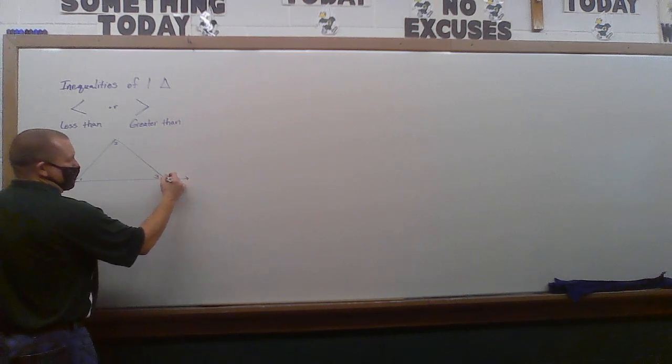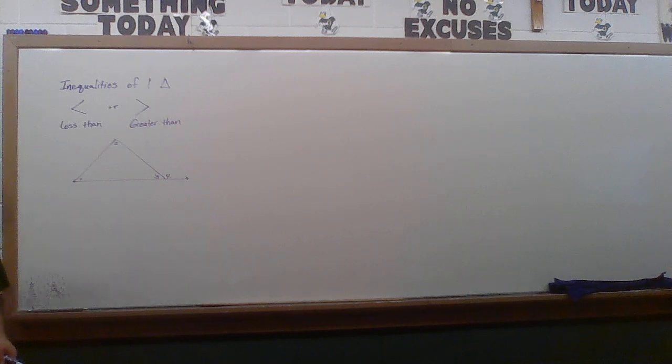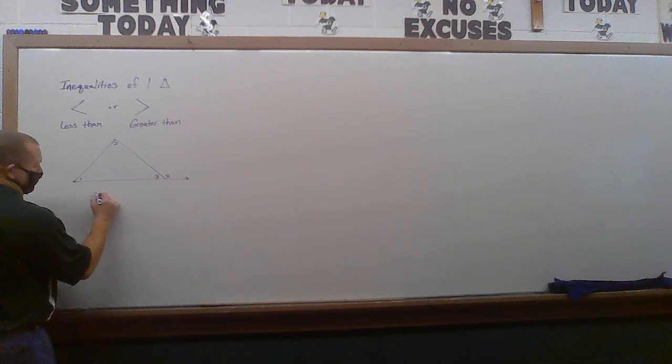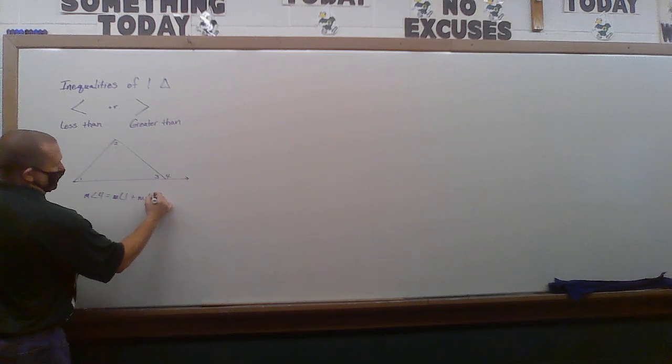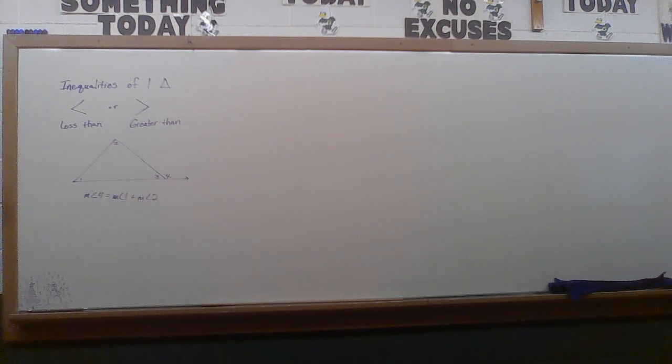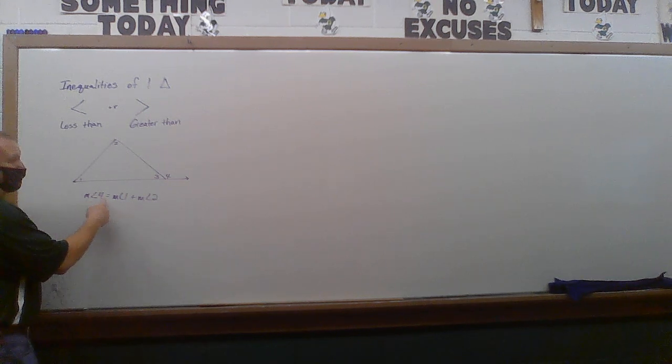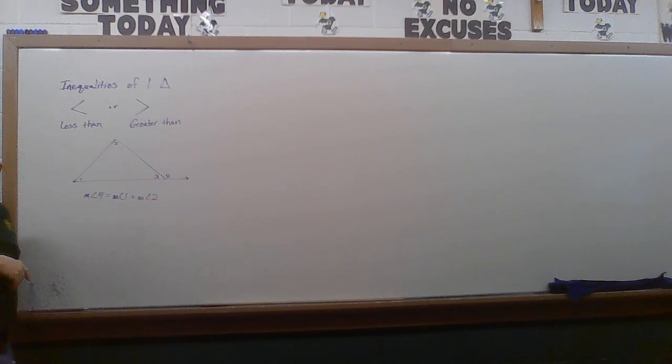And what was true about 4 compared to some of the angles in my triangle? 1 and 2 equal 4. So angle 4, the measure of angle 4 equals the measure of angle 1 plus the measure of angle 2. So realistically, what would we know about 4 compared to 1 and 2? It would have to be what to them?